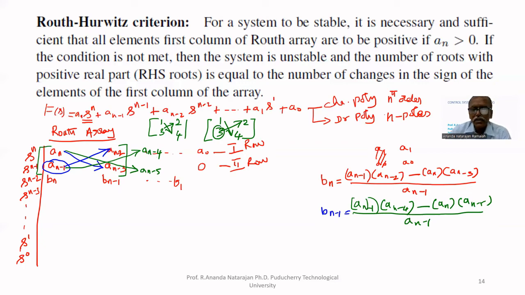So how to find the next element? b n minus 2 equals again a n minus 1, the same element we have to take.